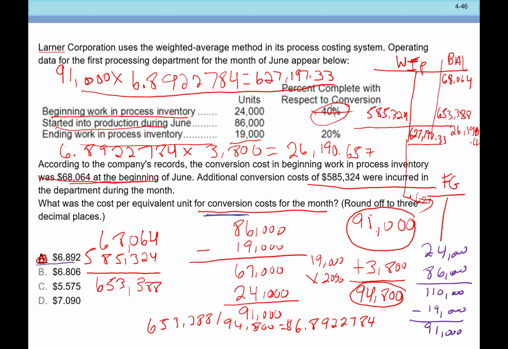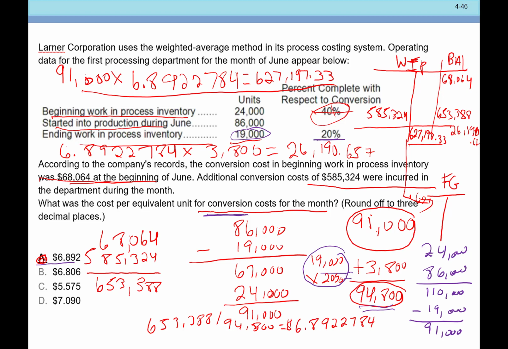I've got my 91,000 units, and they tell me there were 19,000 units in progress that were 20% complete as to conversion cost. I take that 19,000 times the 20%, that equals 3,800. I add that to the 91,000 units transferred out. My equivalent units are now 94,800, right?